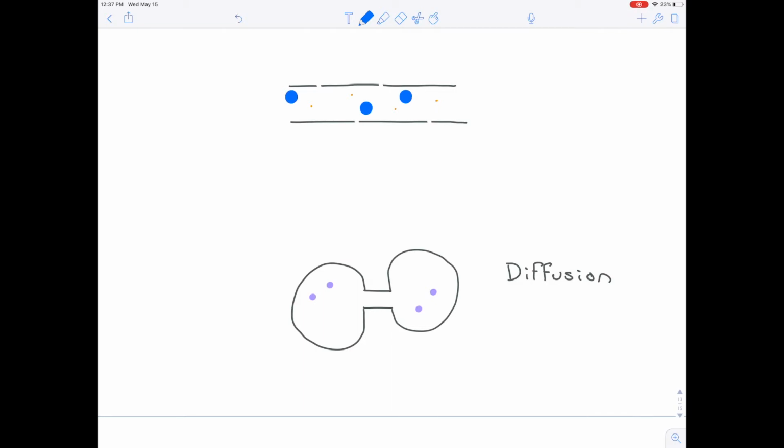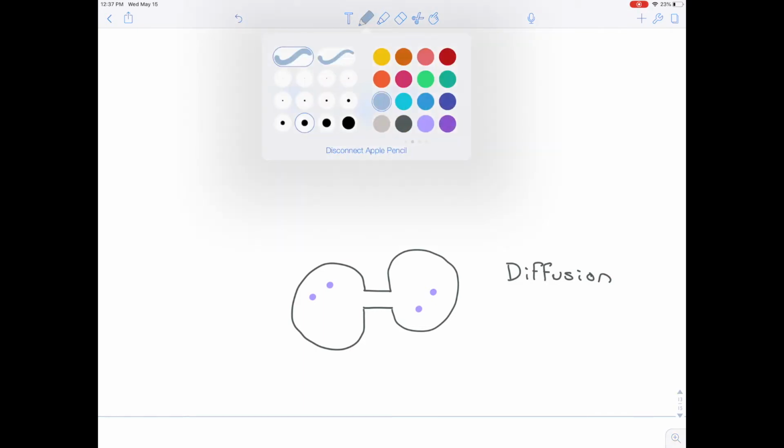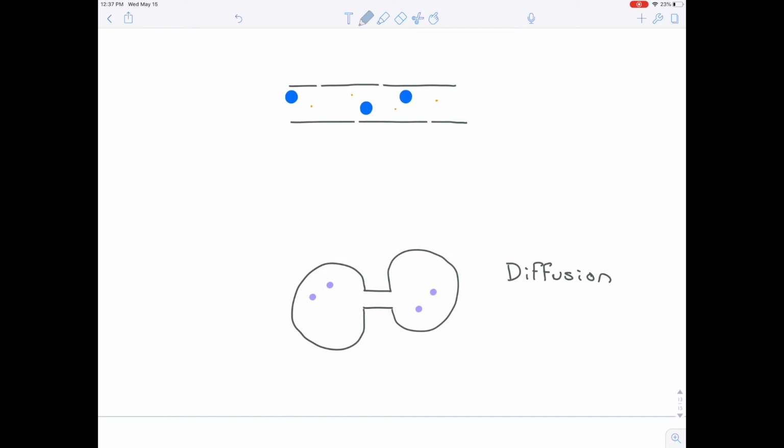Now what we can do is we can put this solution, and this would be, inside this tube is meant to represent somebody's blood, with the stuff dissolved in it, like the orange dots and the blue dots. And then outside would represent just some water that we dunk this tube in, just pure water.